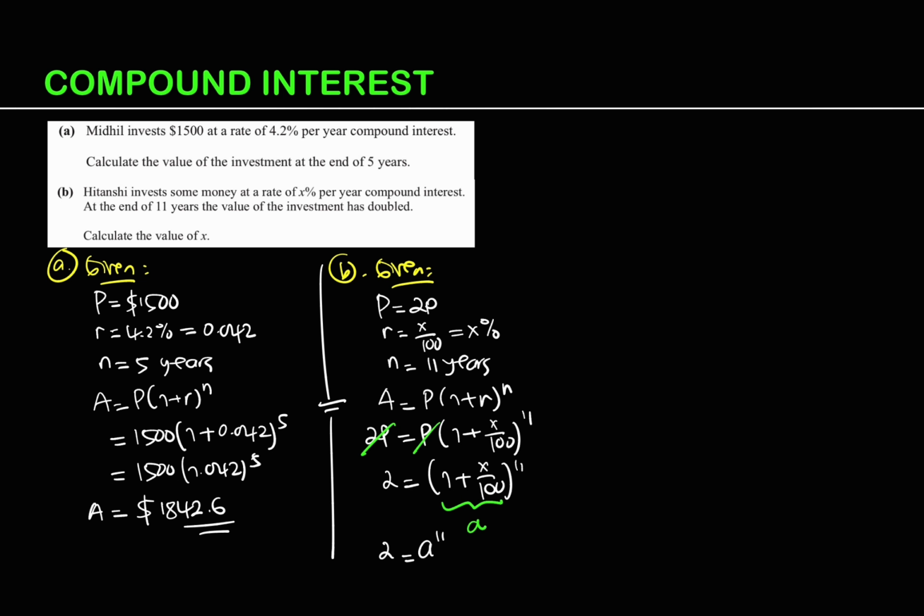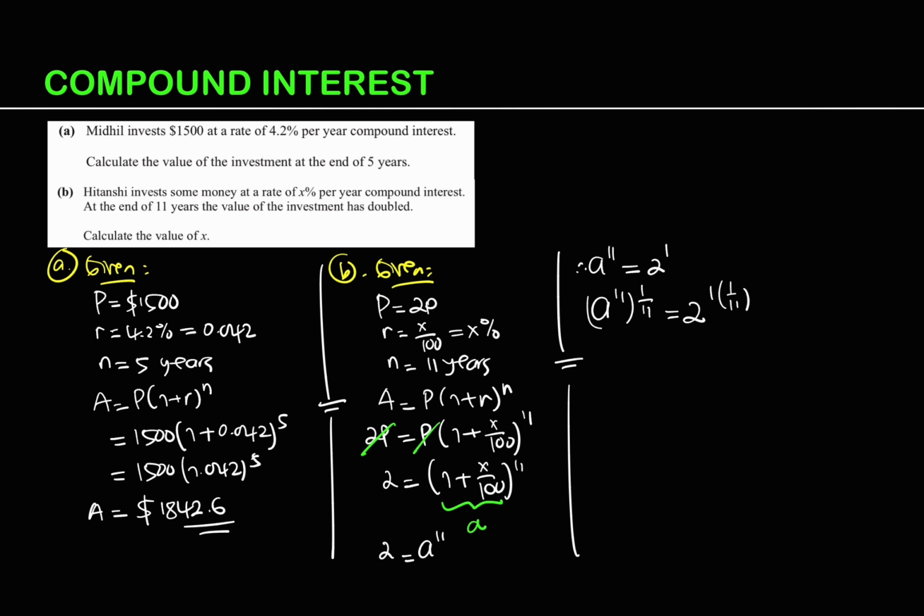So when it is 2 equals A to the power of 11, then we can solve it by writing down that A to the power of 11 to the power of 1 out of 11, and 2 to the power of 1 out of 11.